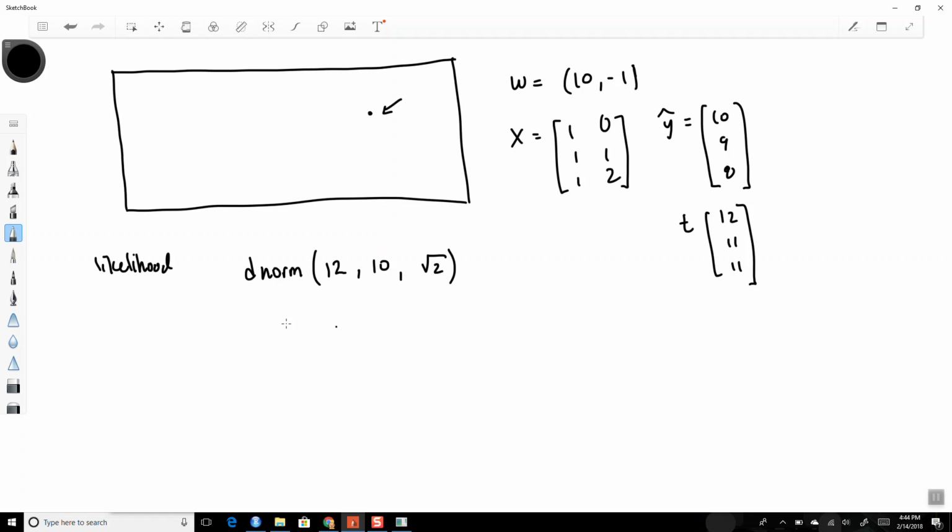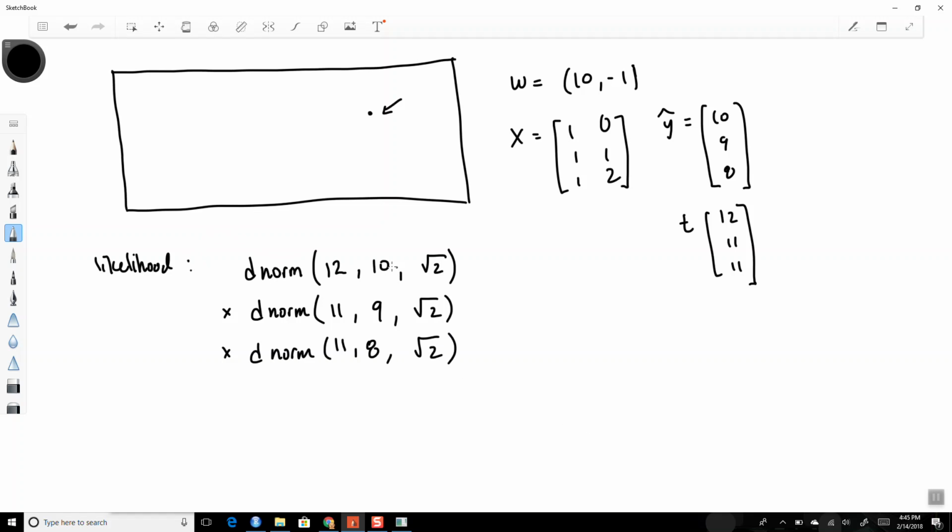And then it's a product, so I have to multiply this by the likelihood of getting 11 if my mean is 9 and my standard deviation is the square root of 2. And what's the probability of getting 11 if my mean is 8 and my standard deviation is the square root of 2? So this is going to be the likelihood.